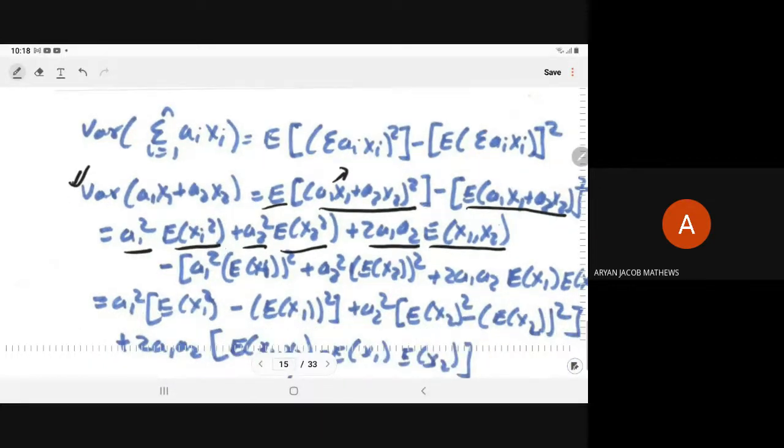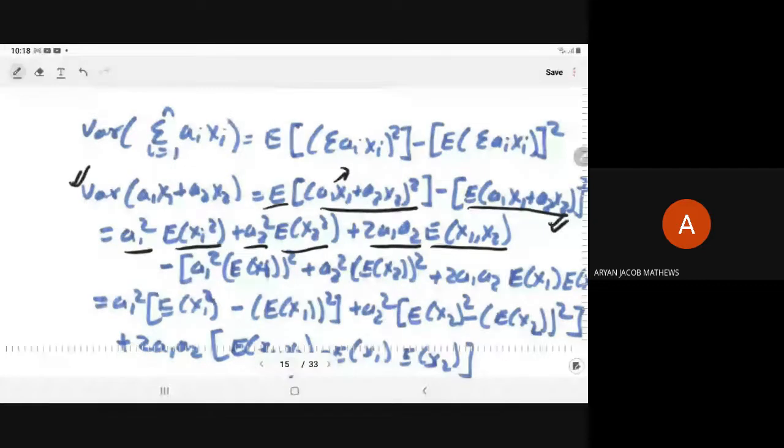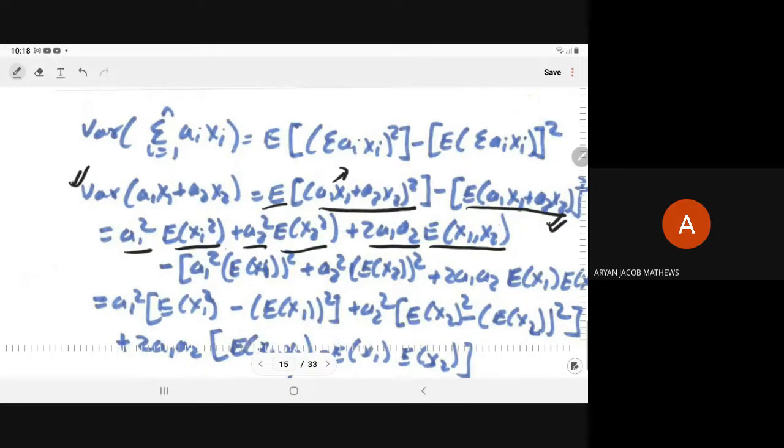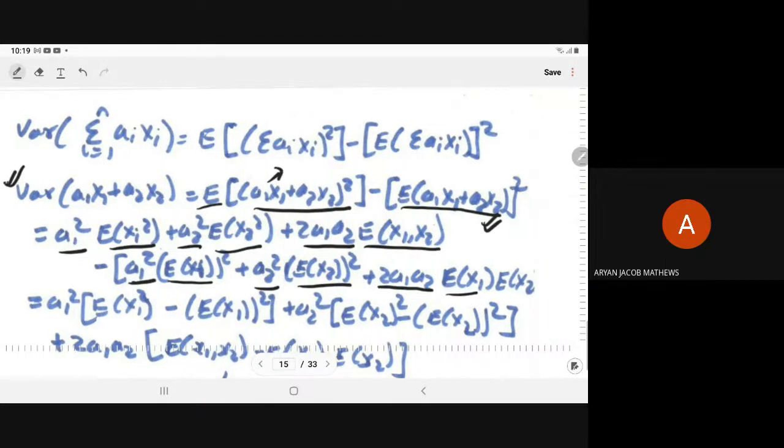Now when we open this bracket, E of a1 x1 plus a2 x2 is a1 E of x1 plus a2 E of x2. Then we take the square. It will give you a1 square E of x1 whole square plus a2 square E of x2 whole square plus 2 a1 a2 E of x1 into E of x2.